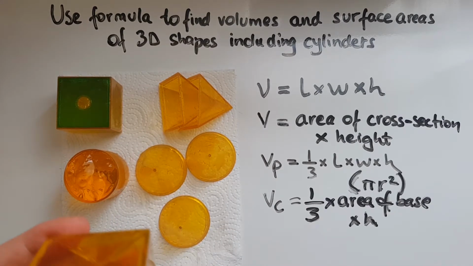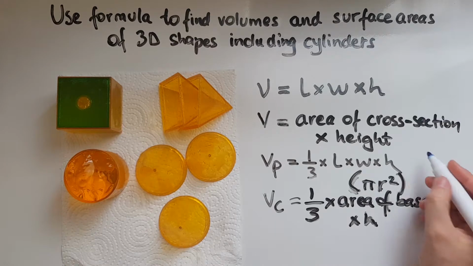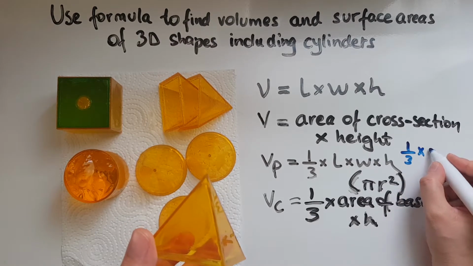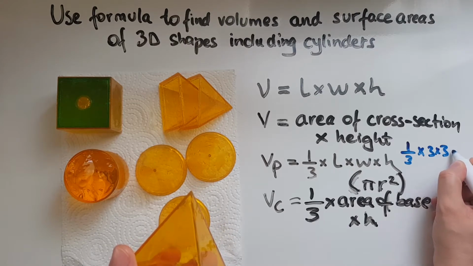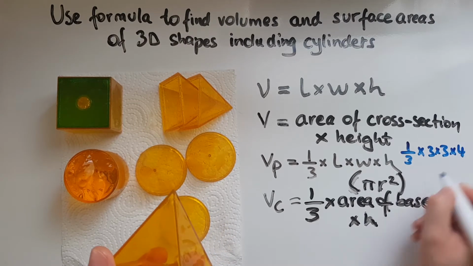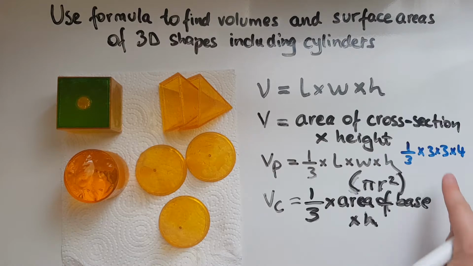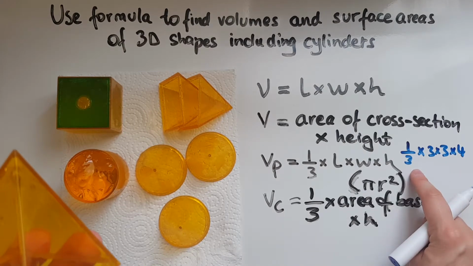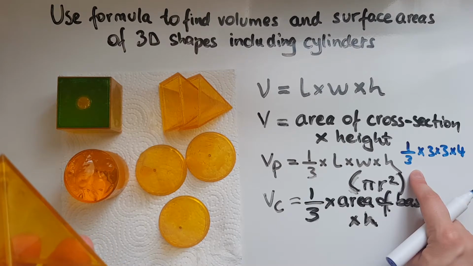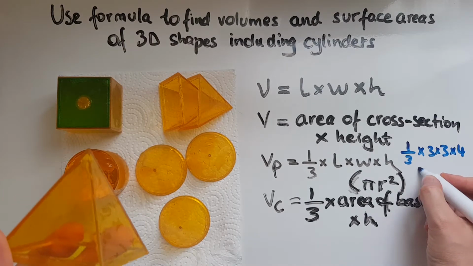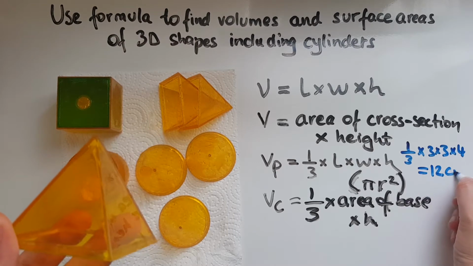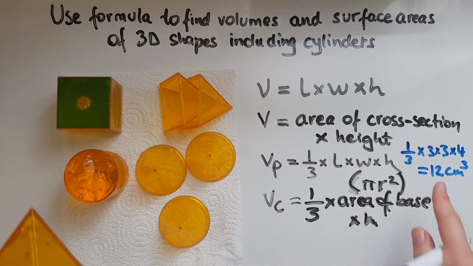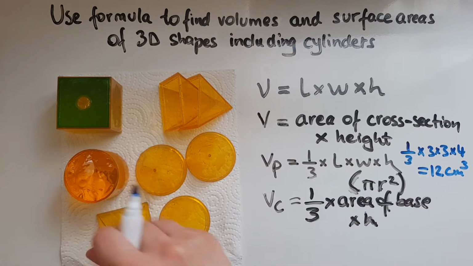In other words, it's the same as saying 1/3 of 3 times 3 times 4. That was 9 times 4 is 36. 1/3 of 36 is 12. So 12 centimeters cubed.